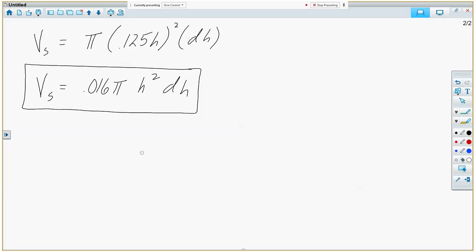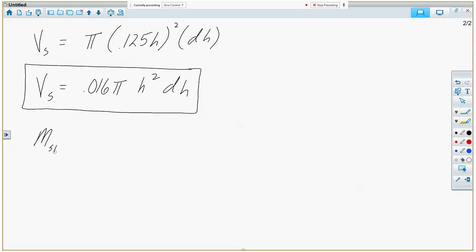What is the mass? So go ahead and do that. Volume times the density, which is going to be 9,800. Might as well go ahead and throw 9,800 in there. So volume times density is mass.